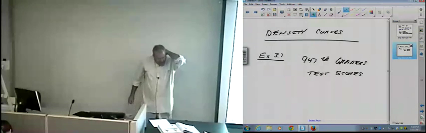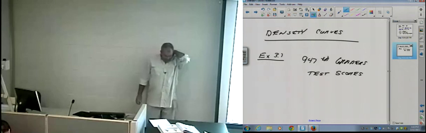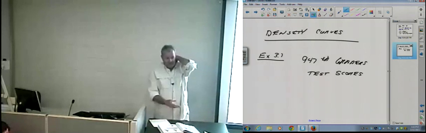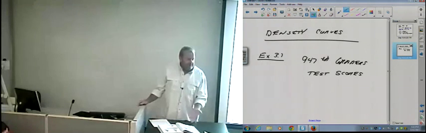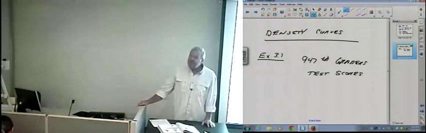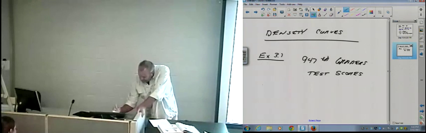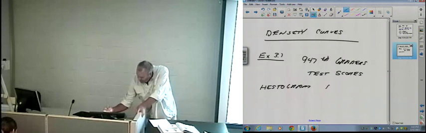This is not the first time we've looked at this histogram. We looked at it back in chapter 1 when I showed you a picture of the first one that was roughly symmetric. I can't remember what the example was, but it was back in chapter 1. Now, if I look at that histogram, figure 3.1, what's its shape?